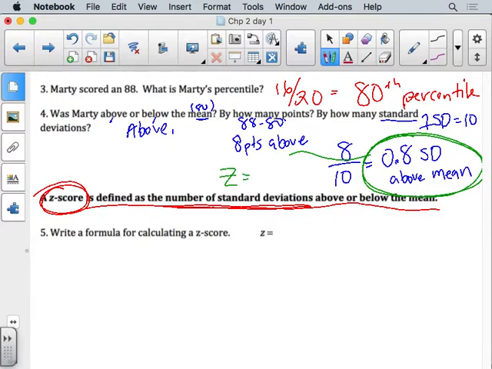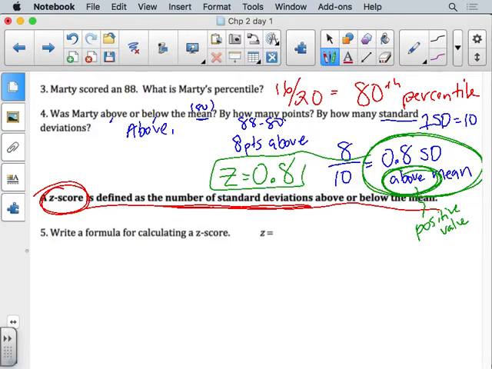His z-score equals 0.8. And since he was above the mean, he's going to have a positive value. So Marty would have a z-score, a standardized score, of 0.8.